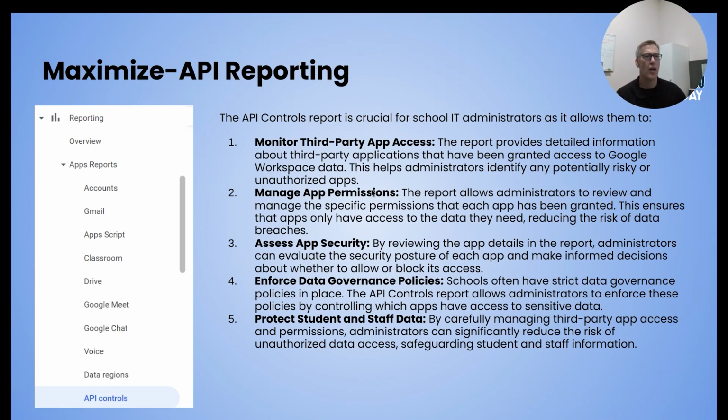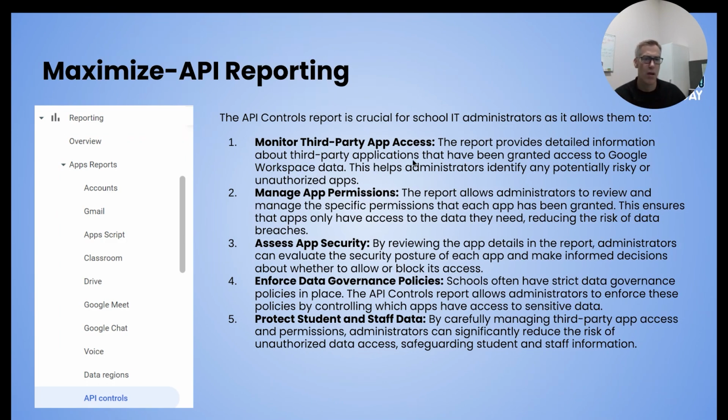This report allows you to take a look at what is on that list that you okayed, and also what might be growing within this environment after Google put those requirements in place.